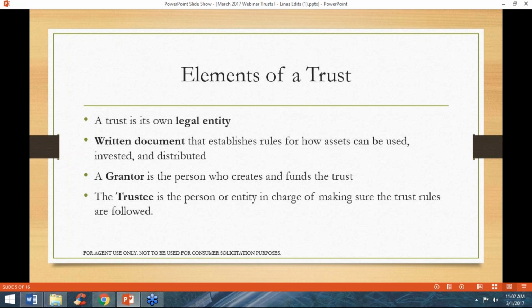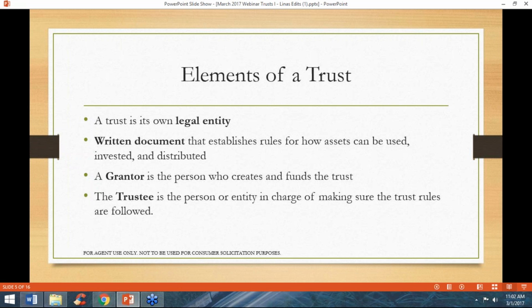Some states allow for trusts to be created orally, but these usually prove to be problematic and hard to administer. A grantor is usually the person who created the trust and contributes money or assets to the trust. Trusts usually have one grantor, but some married couples may wish to create joint trusts.